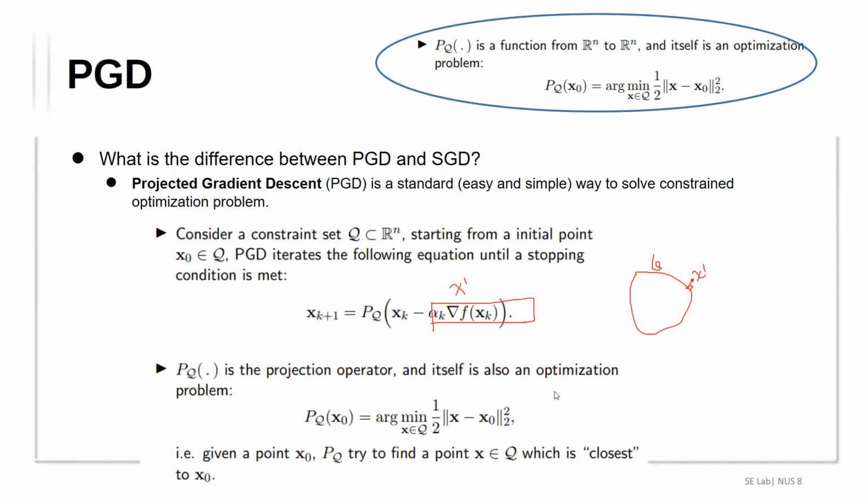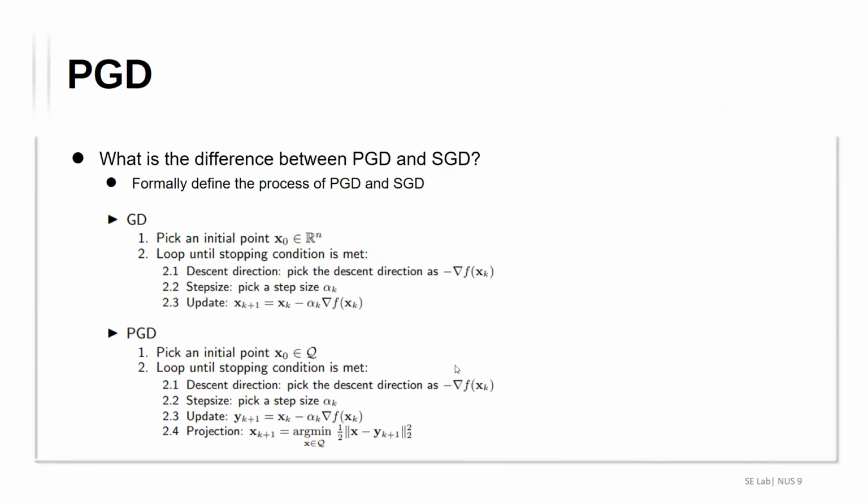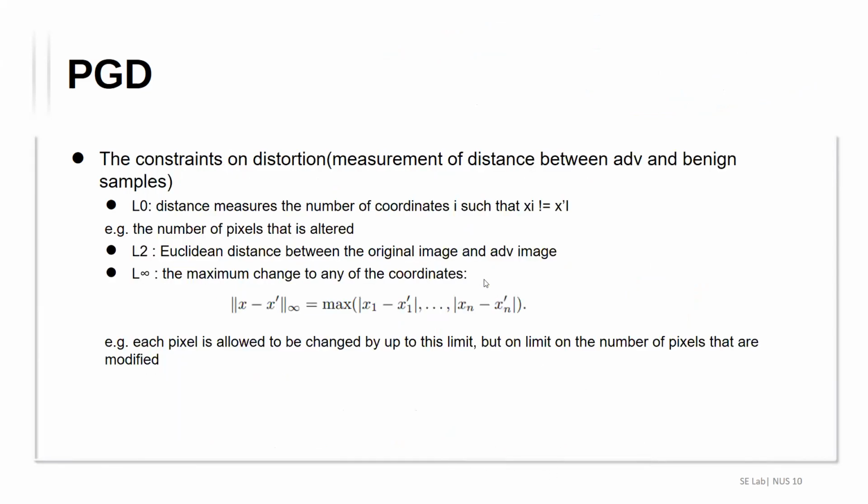I just spent some slides to explain what projected gradient descent is. So that's the difference. And then also how they measure the distortion. This is from another paper, but they use the same notation in this paper. Maybe I can clarify the meaning of the notation. When we talk about L0, it means this distance measure: the number of coordinates i such that xi is not equal to x prime i.